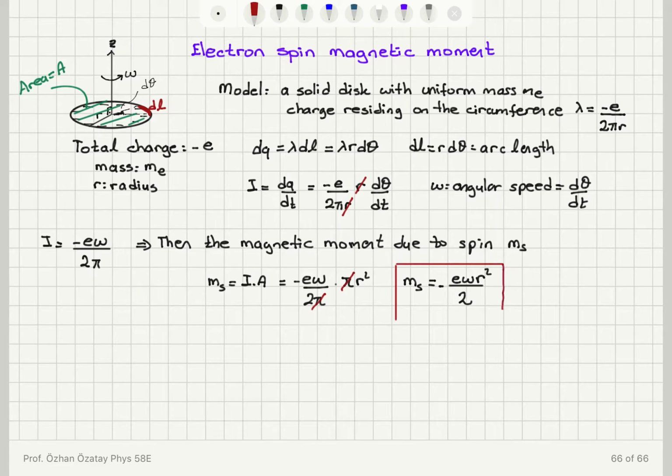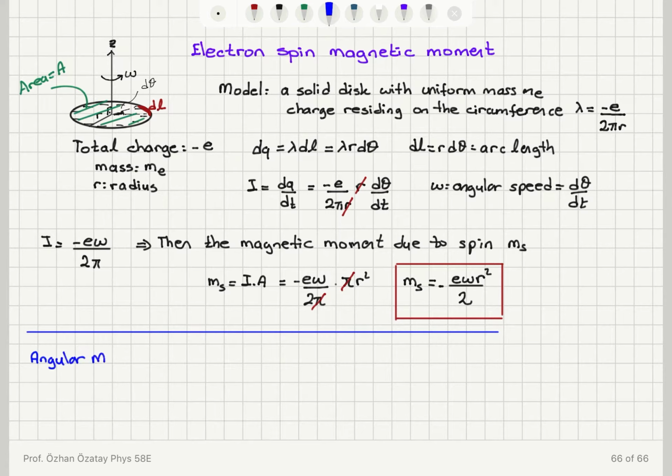So now my task is to find the connection between this magnetic moment and the angular momentum of the disk. Now, going to the discussion on angular momentum, basically I have the angular momentum of a rigid object which is rotating about the z-axis.